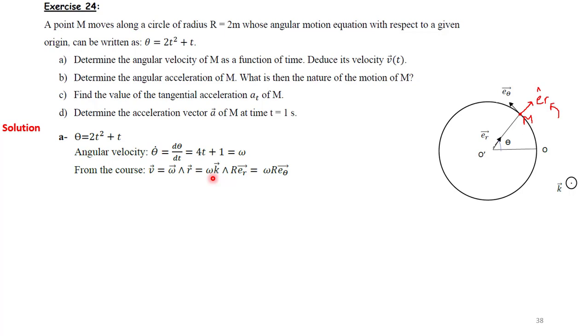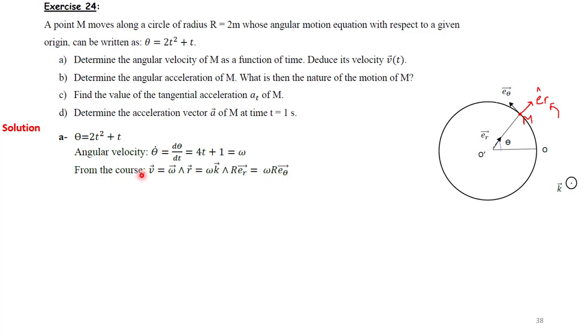So this cross product will give us omega times R times sine of the angle between k and ER. Sine 90 is equal to 1. And we have to add a unit vector to our answer. K cross ER gives E theta. And yes, our answer is correct because v is along E theta.